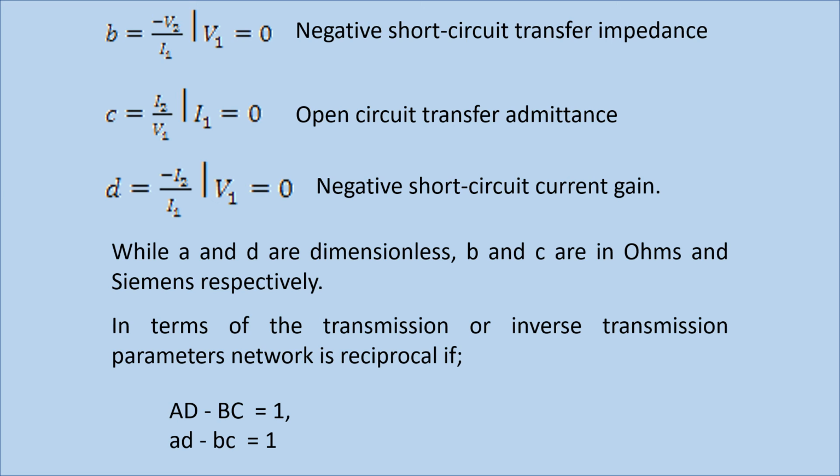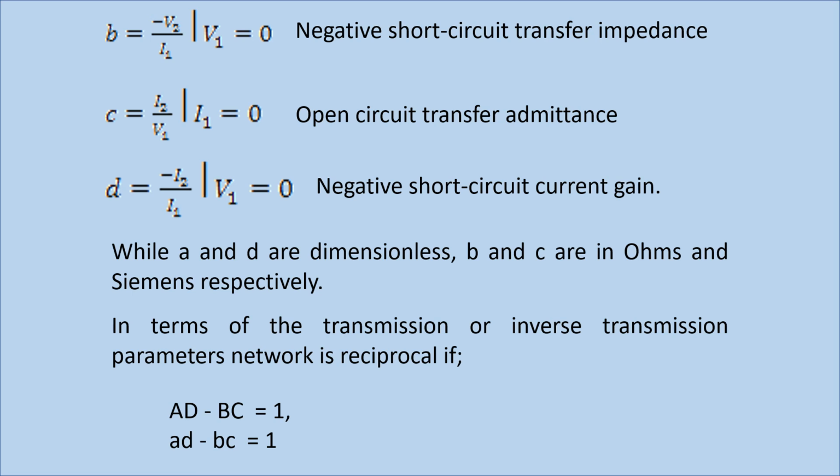And our c equals output current over input voltage, provided that your input current is equal to 0. And that is called open circuit transfer admittance.